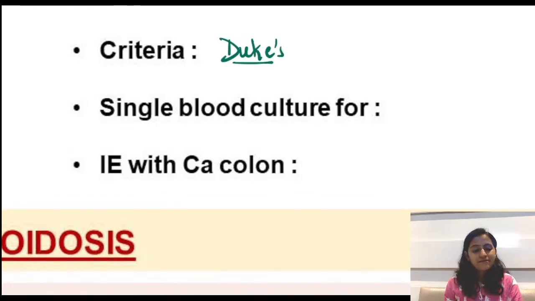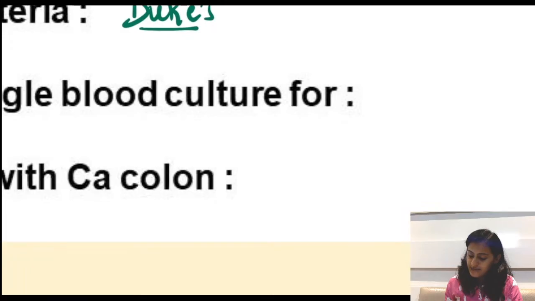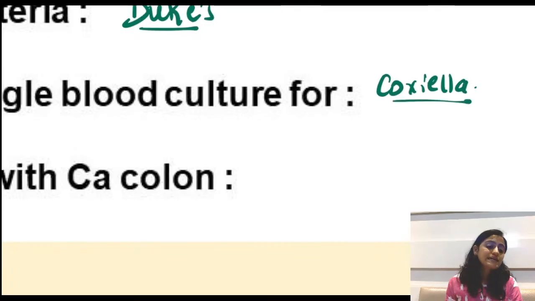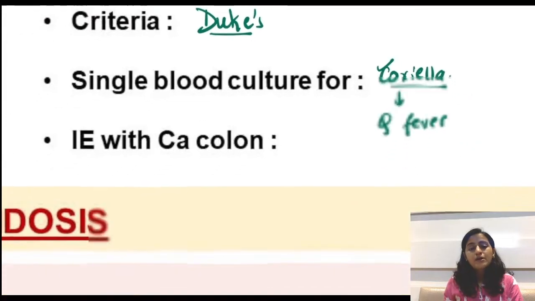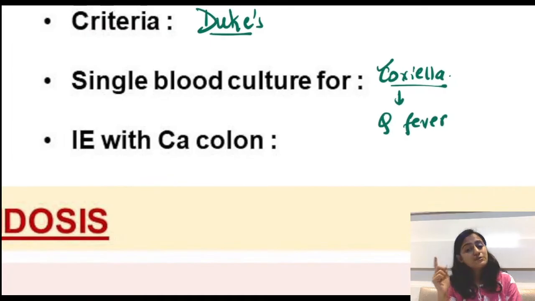Yes, very good, Kaushik. Absolutely right. That is Coxiella burnetii, which causes Q fever. So if you get a question that which rickettsia can cause endocarditis, it is Coxiella. Which is the infective endocarditis associated with CA colon?